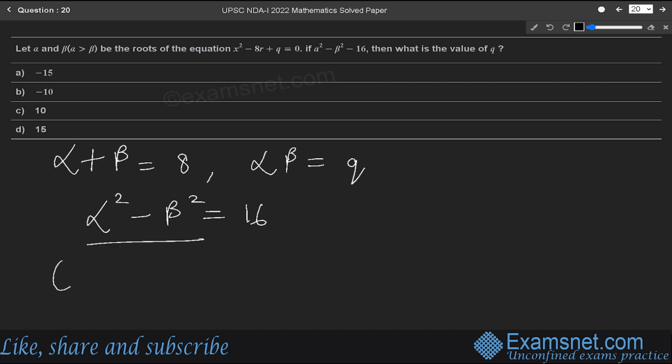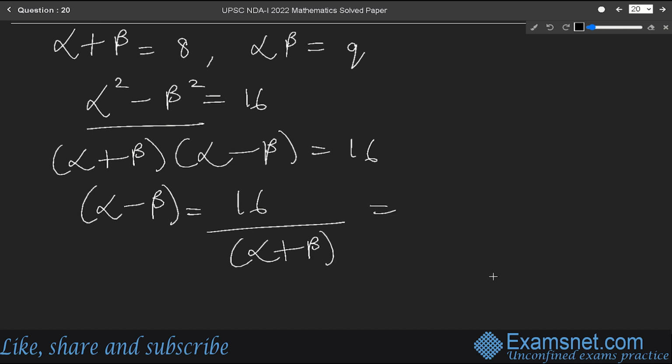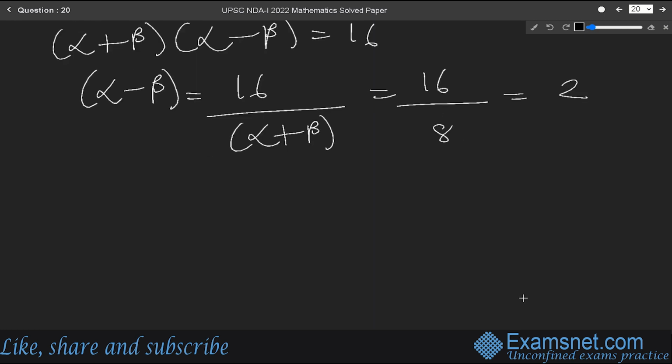Further solving this, we get alpha plus beta into alpha minus beta is equals to 16. So the value of alpha minus beta will be 16 upon alpha plus beta, which is equals to 16 upon 8. The value of alpha plus beta is 8. So the value of alpha minus beta is 2.